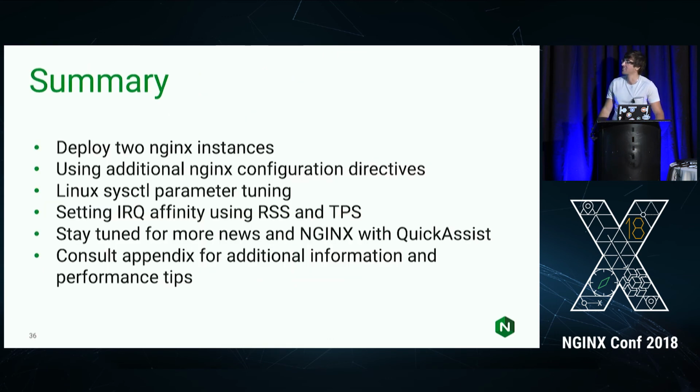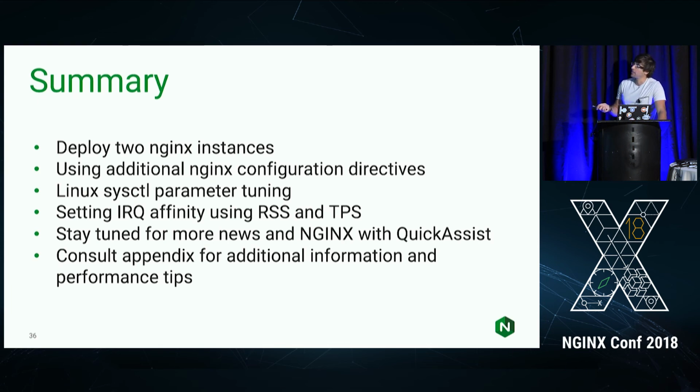Okay, so to summarize, we went over four performance tips. First tip, deploy 2 NGINX instances, one bound to CPU node 1, one bound to CPU node 0. The second one, we went over additional NGINX configurations that you could add to your configuration to further maximize performance.